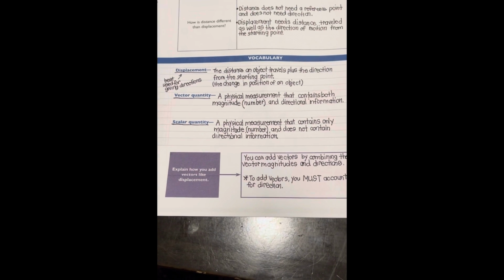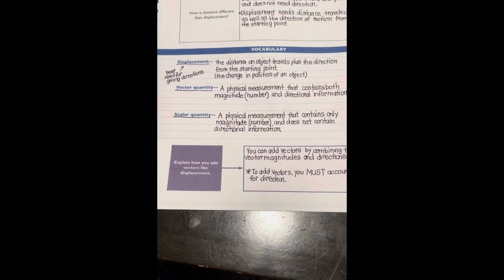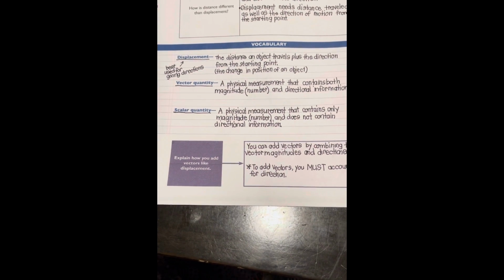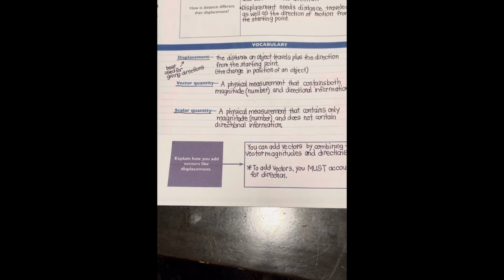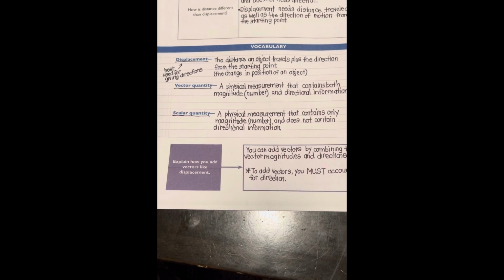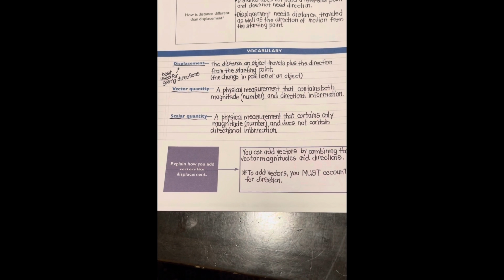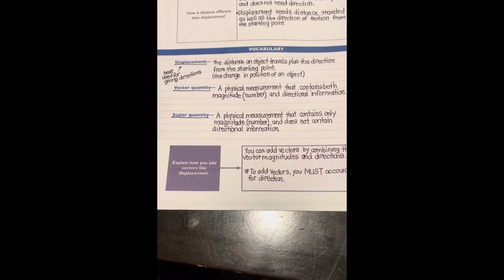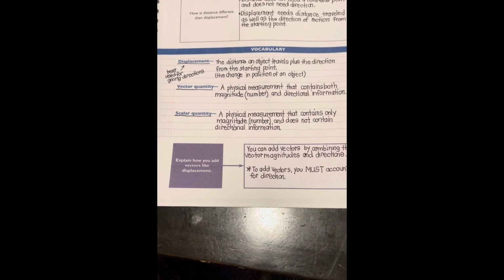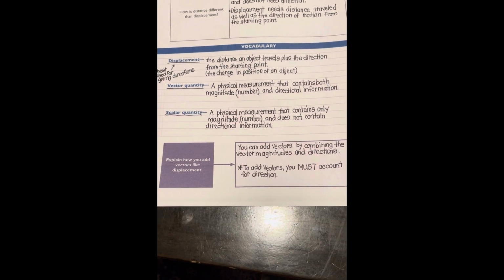All right, so here are just some simple vocabulary words that are defined in the book. Displacement is the distance an object travels plus the distance from the starting point, the change in position of an object. And really, it's best used for giving directions somewhere. Vector quantity, a physical measurement that contains both magnitude, which is a number, and directional information, like east or north or west or to the right or to the left, up, down.